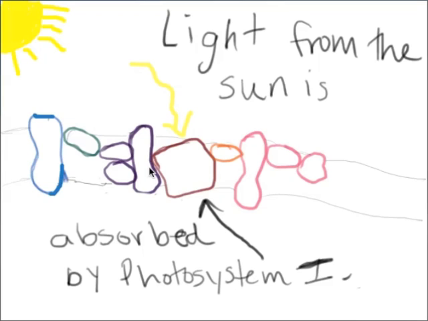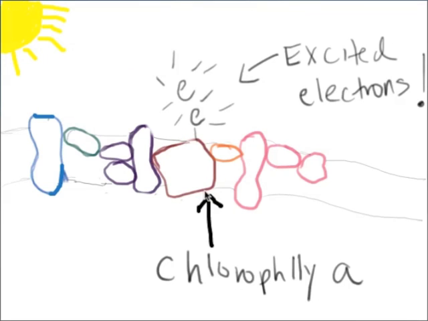While this is going on, at the same time, light from the sun is also hitting and being absorbed by photosystem 1. And just as in photosystem 2, that light, which once again possesses energy, is being transferred from molecule to molecule within photosystem 1 until it reaches a specific pair of chlorophyll A molecules, which hopefully sounds familiar because that's the same thing that happened in photosystem 2.